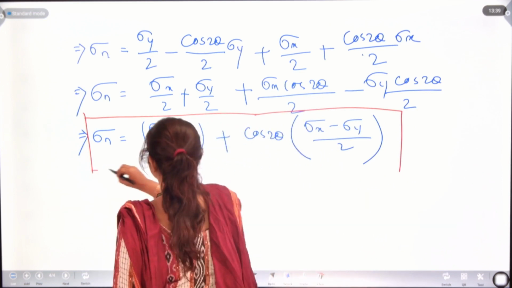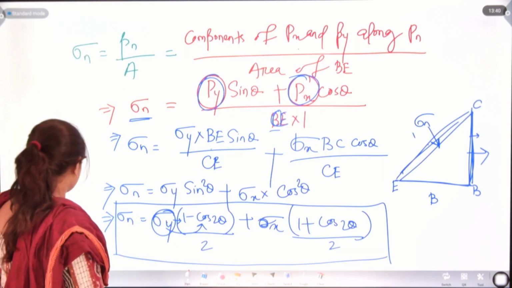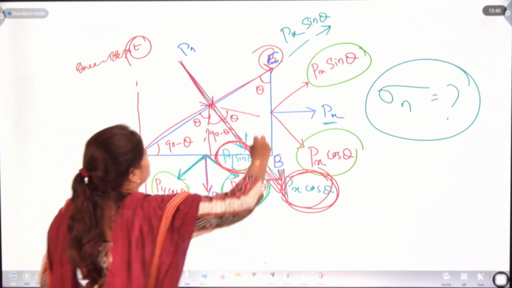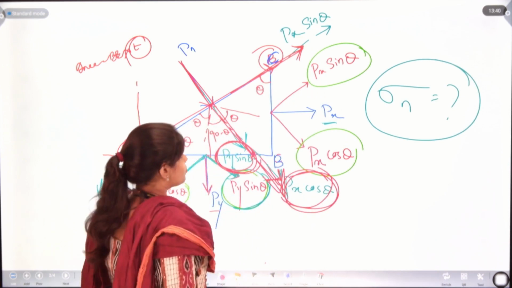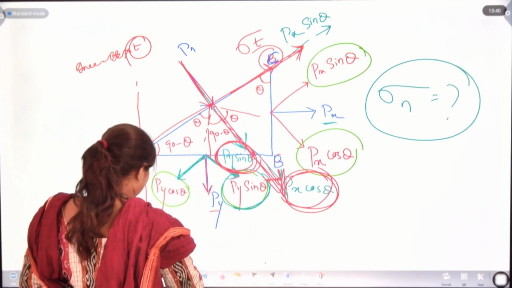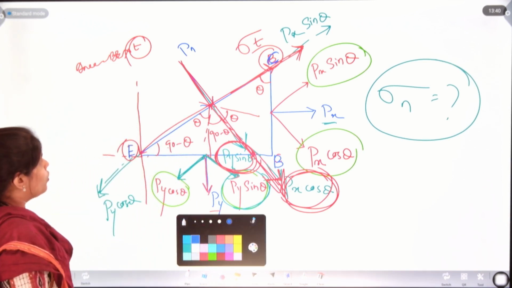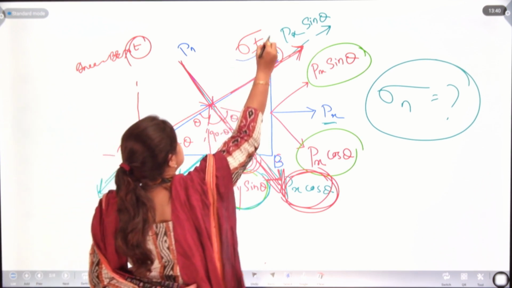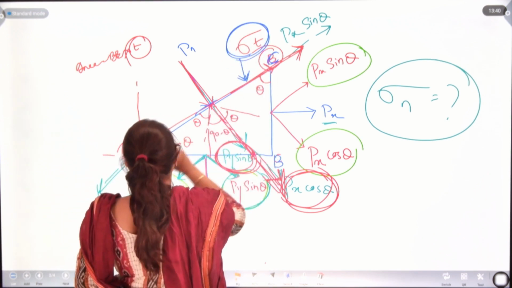Here another equation is from here. We have the tangential stress like this. So let's take the name as sigma T, right? Okay. To find out this sigma T, this will also be acting in which plane?